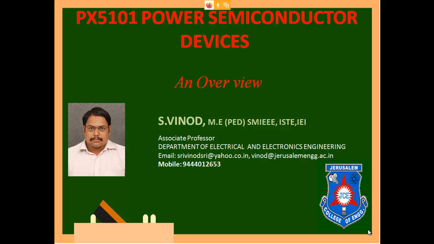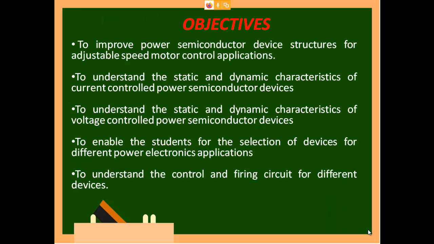Okay, so let us today discuss power semiconductor devices, an overview. First of all, let us start with the objective. What is the objective of this subject to be studied? The first is power semiconductor device structures suitable for speed and motor control applications.